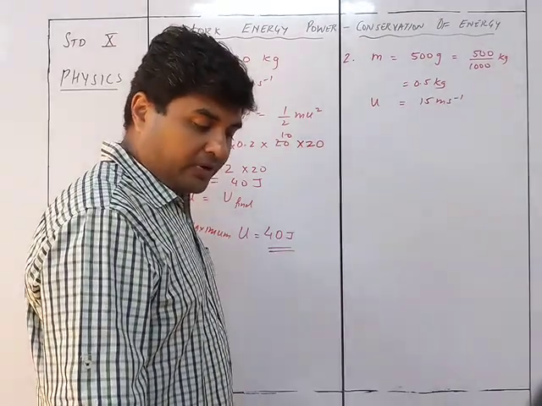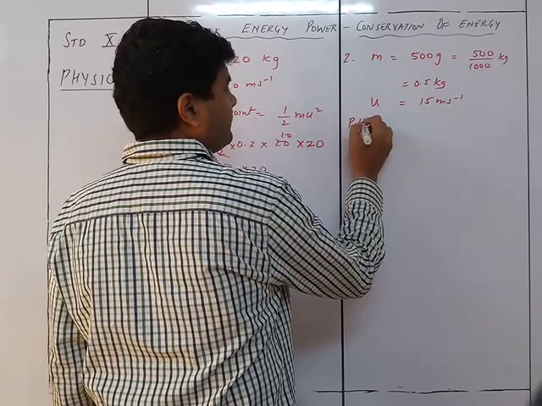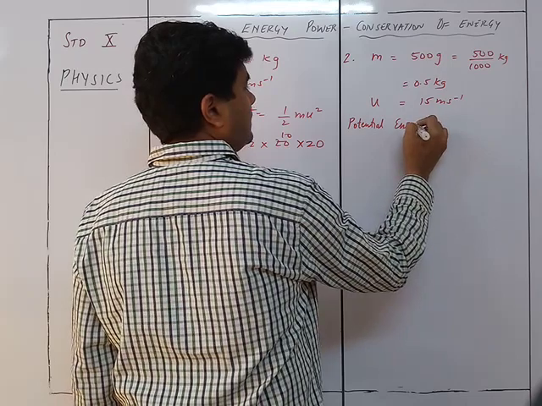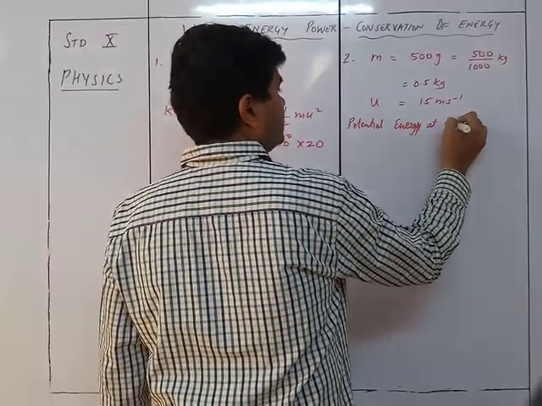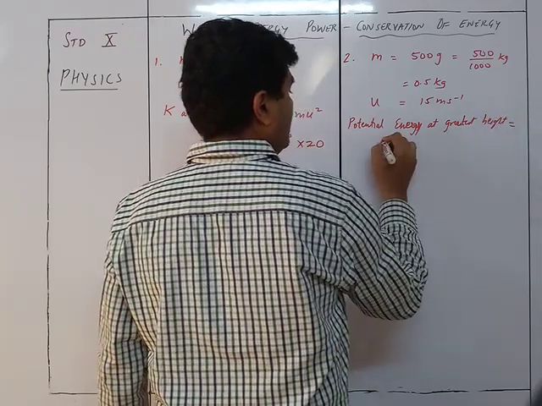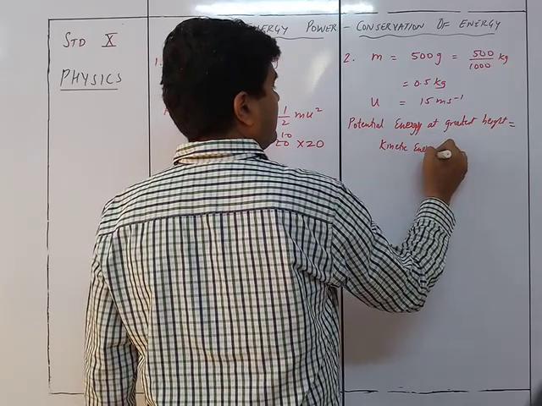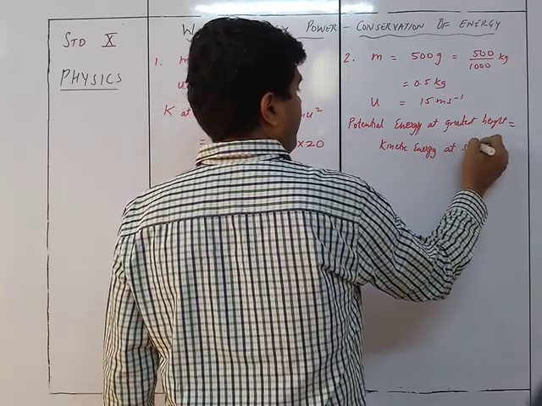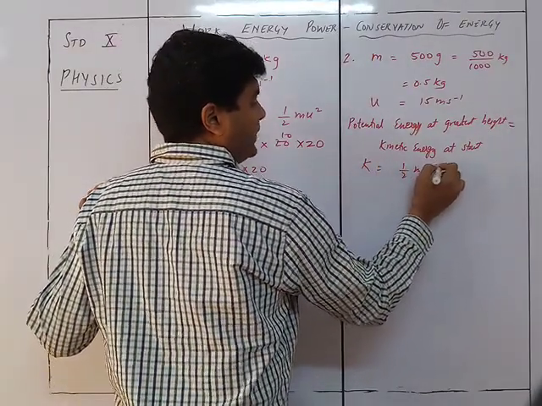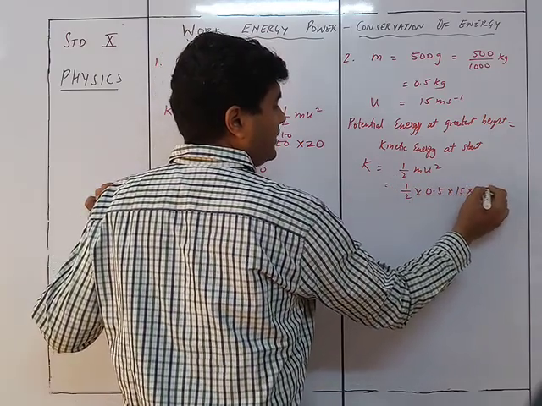So the potential energy at greatest height is equal to kinetic energy at start. So K is equal to half mu square, which is half into 0.5 into 15 into 15.